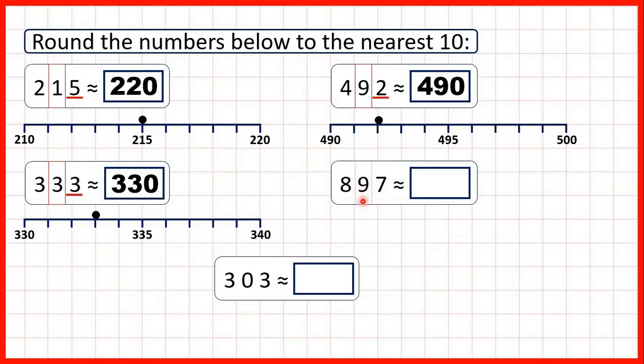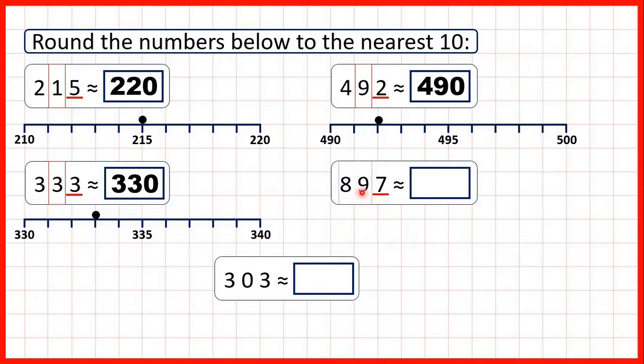Now 897. So we can circle our tens digit and underline our ones. Remember, if it's 5 or more, we round up, and we have a 7, so we're rounding up. Now that usually means the tens digit increases by 1, but we already have a 9 in our tens, and we can't write 10 in our tens because we can only have one digit in each place value.